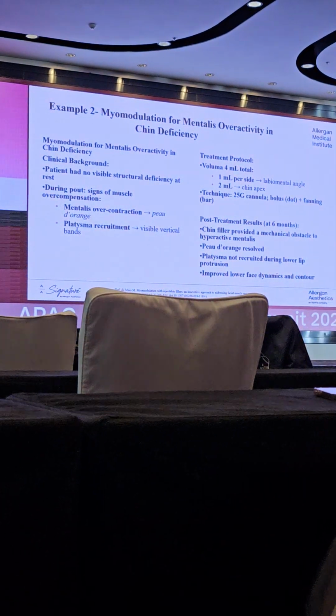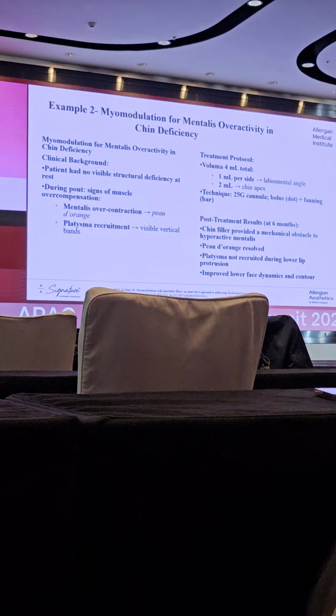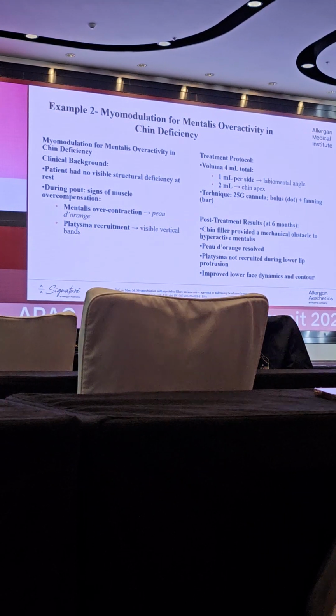And the other commonly used area where we use myomodulation is the lower face. There is a case where there is chin deficiency. So 1 ml per side was used in labiomental angle, which was C1 to block DLI muscle, and 2 ml was used in chin apex, mainly to block mentalis.